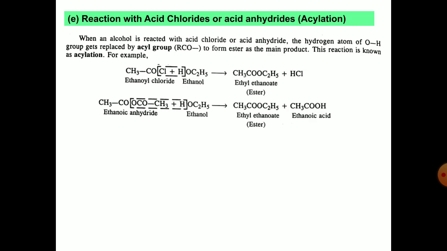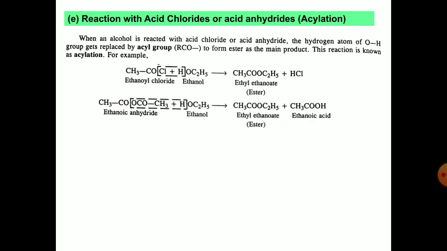I have written it reversely. So the Cl of ethanoyl chloride and the H of ethanol go out in the form of HCl, and what will happen? The C double bond O group will attach to OC2H5. As a result, ethyl ethanoate is formed. This is an ester.